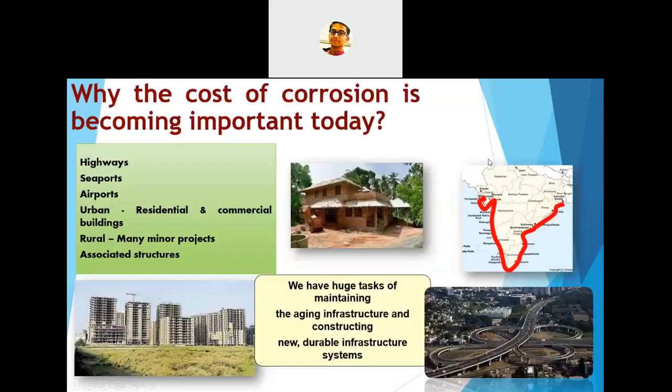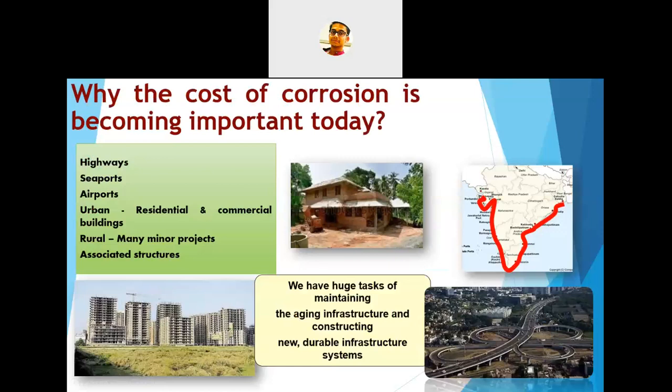So why is the cost of corrosion becoming important nowadays? Because on a daily basis we are constructing more and more important structures, along with the structures associated with them. Important structures like highways, seaports, airports, different public projects, bridges, flyovers.